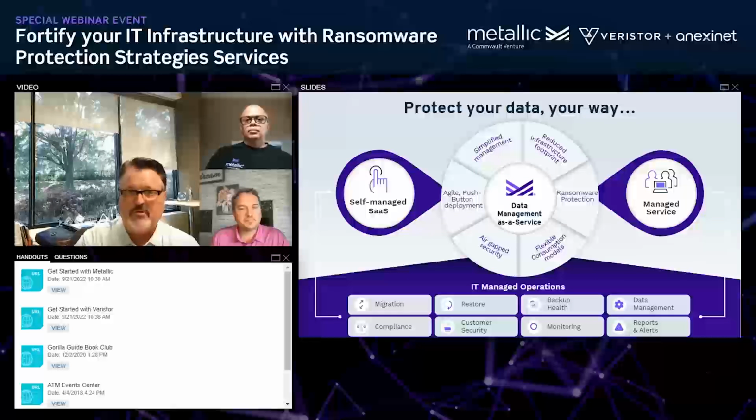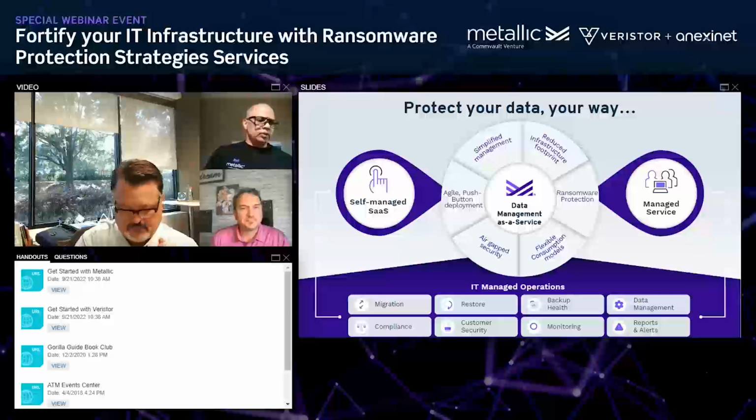So if you have a large database, for instance, that you need to recover, you're not pulling that all down from a cloud provider. The first restore can be on-prem, and the longer term be in the cloud, for example. So how do you want to address the redundancy and how that works with Metallic?